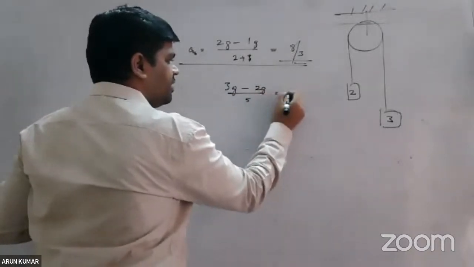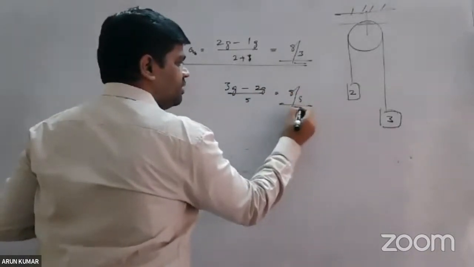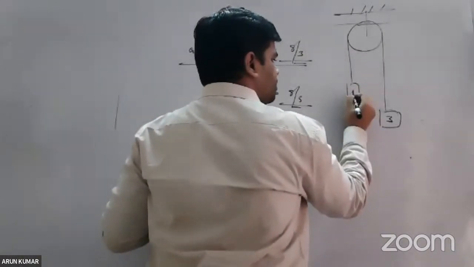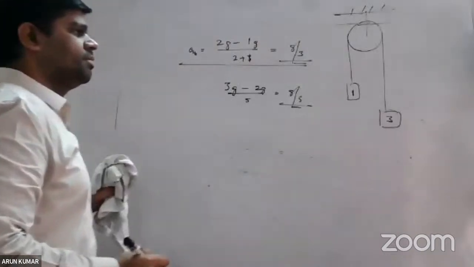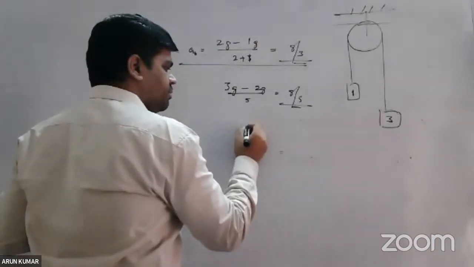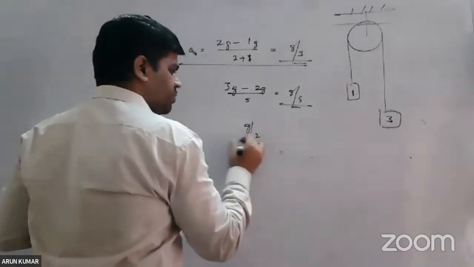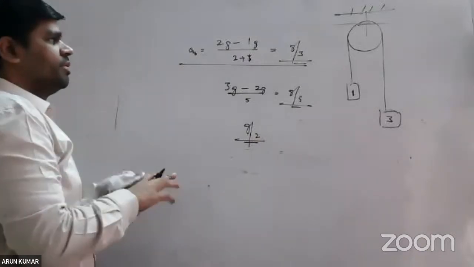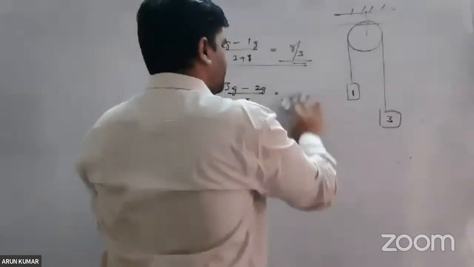That's g by 5. Now this is 3 kg and this is 1 kg. 3g minus g, that is 2g by 4, which is g by 2. Right. Now look at this one, a slight change.